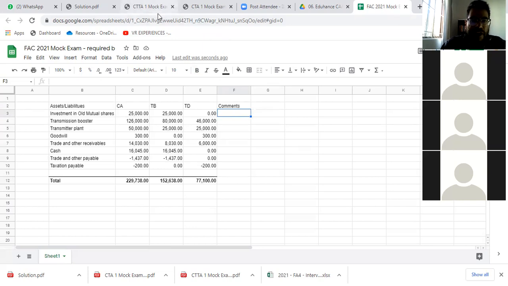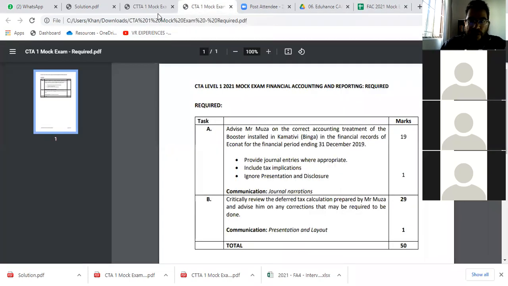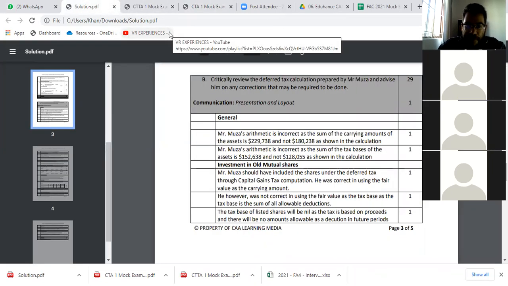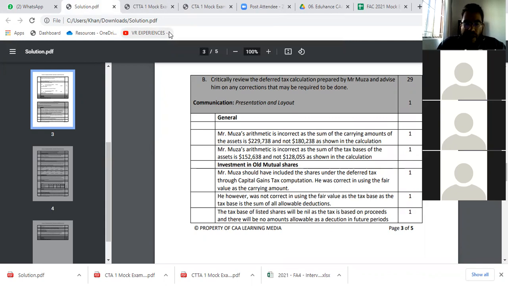With our Old Mutual shares, like I said, for me the way it is done is correct. I want to ask you quickly, how does your Income Tax Act deal with shares?